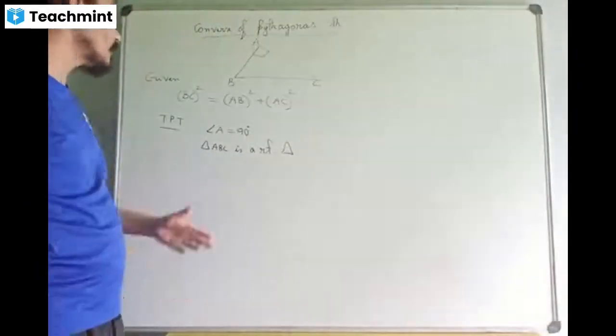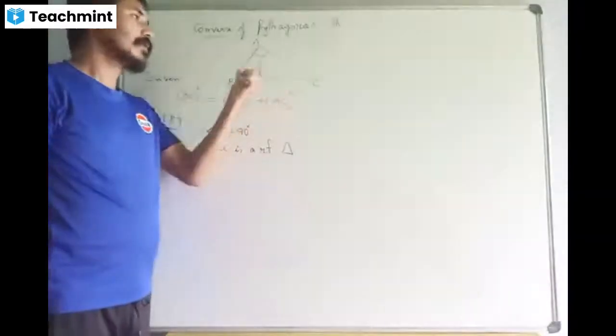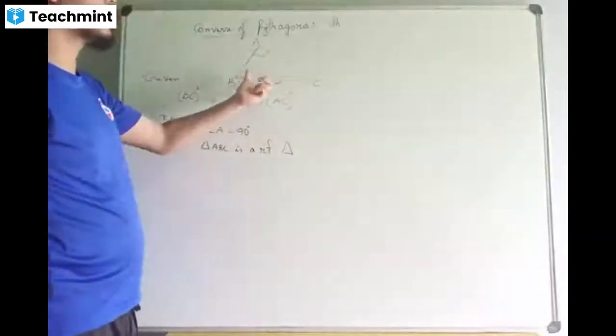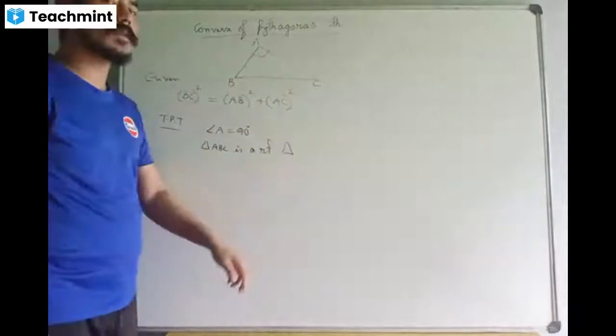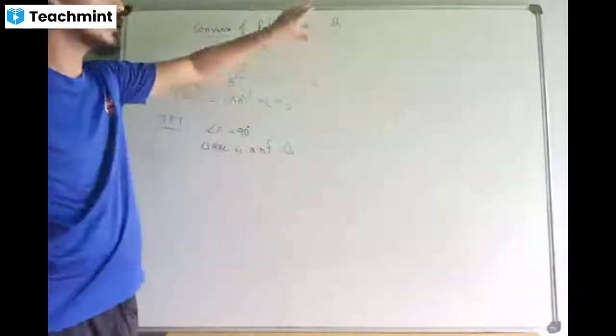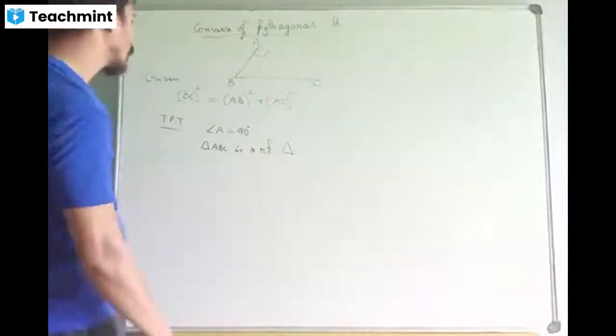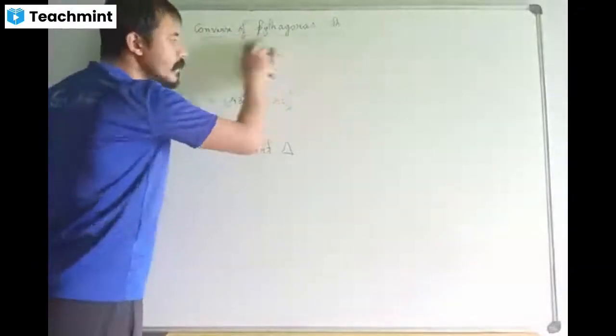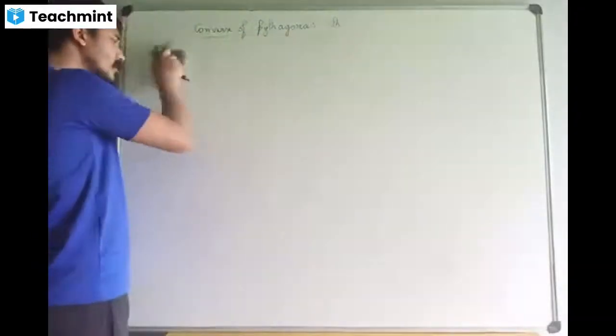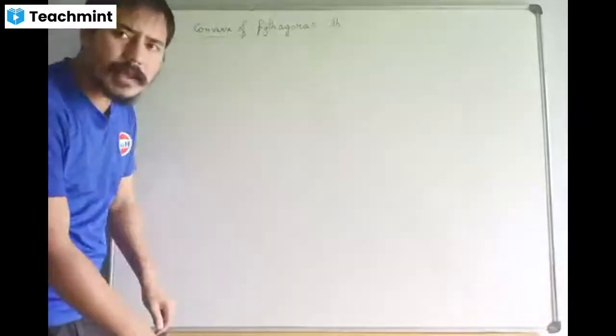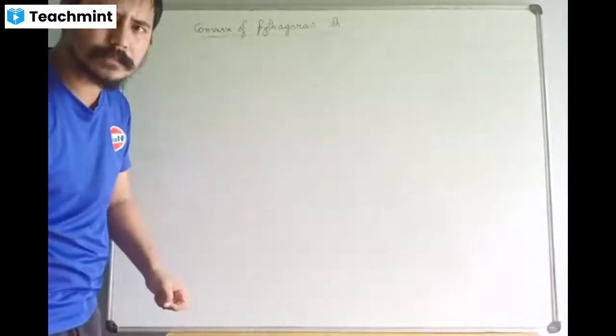In Pythagoras theorem, you need to prove that square on one side is equal to the sum of squares on the other two sides. In this theorem, that condition will be given.